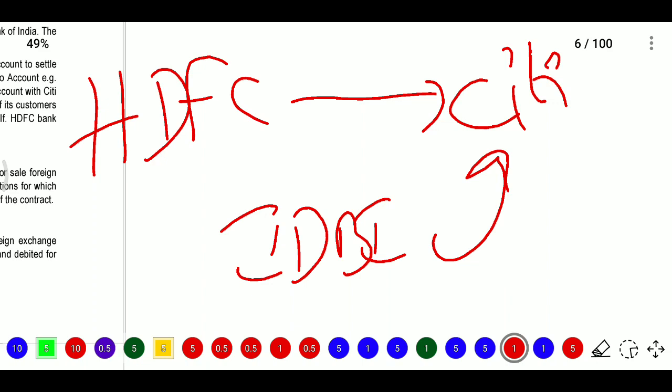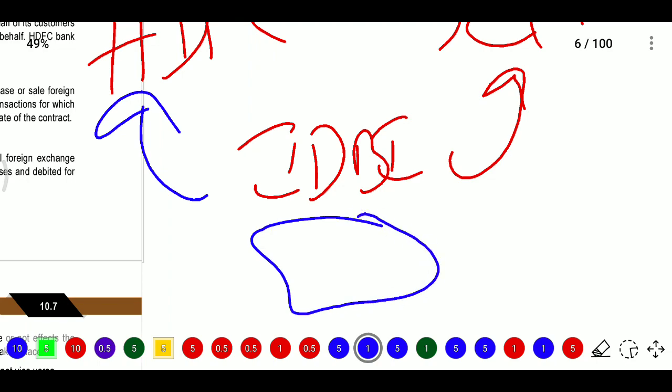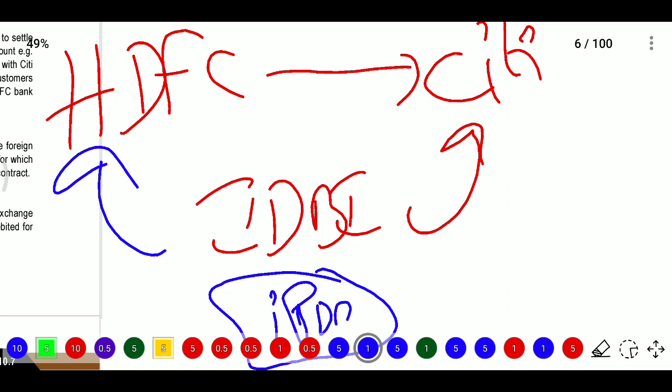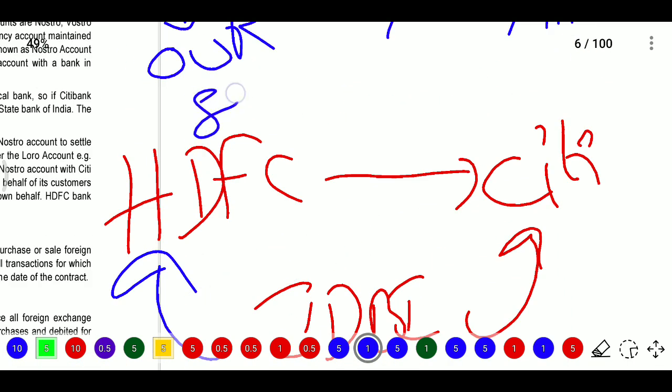Here IDBI Bank has paid the bill for machinery imported from the USA on behalf of its customers. So IDBI Bank will approach HDFC Bank and ask it to settle the invoice. The persons imported plant and machinery, they do not have an account in Citibank, so they go to HDFC and ask it to settle.